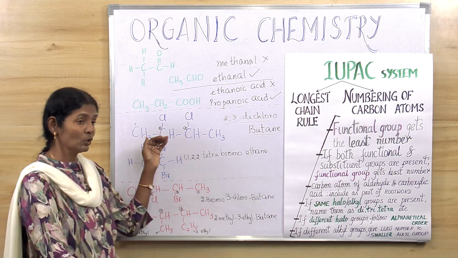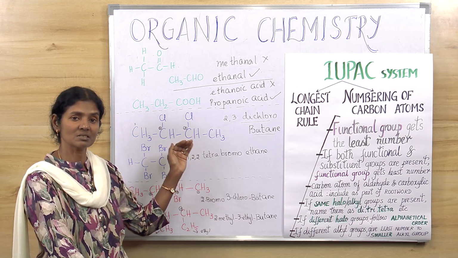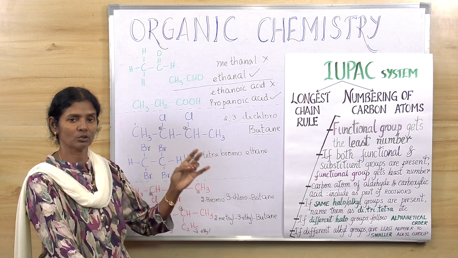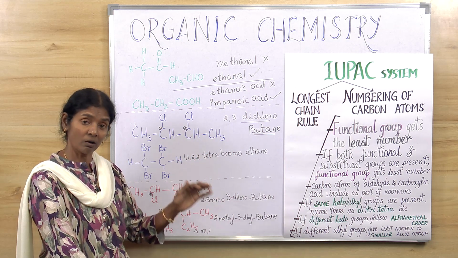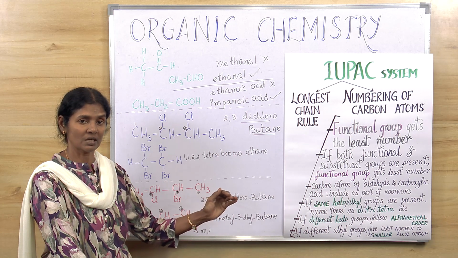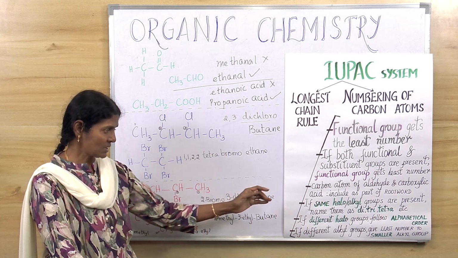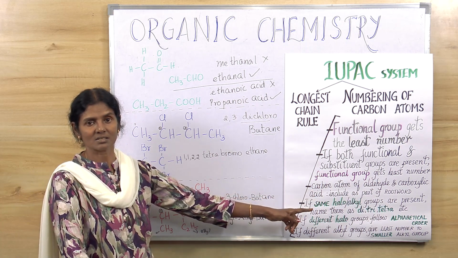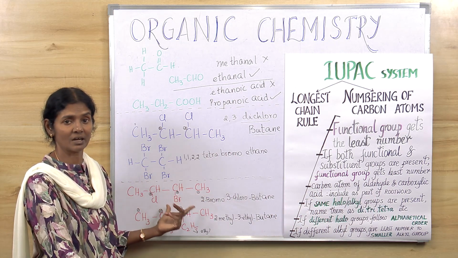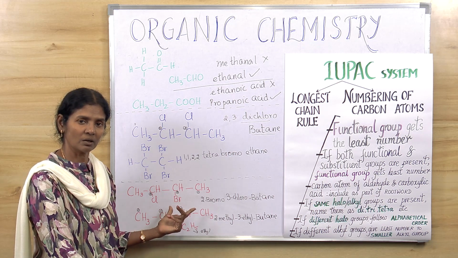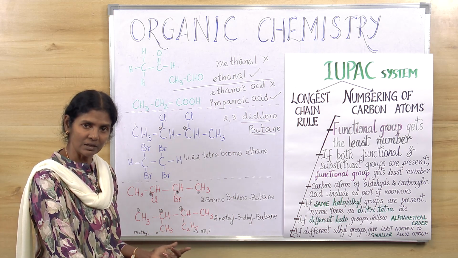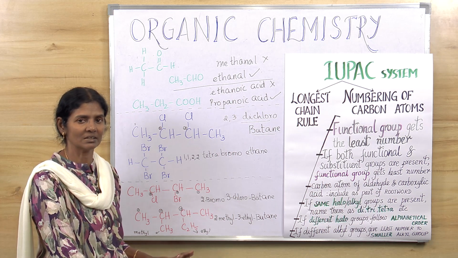And then if there are two similar halogen groups, either chloro or bromo or iodo or fluoro, or if you have similar alkyl groups, if they are the same, we name them as di, tri, tetra, penta, etc. And then if there are two different halo groups, we name them according to alphabetical order. And if there are two different alkyl groups, the smaller one gets the least number.